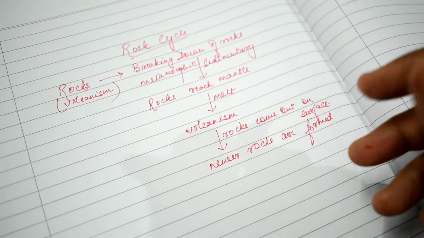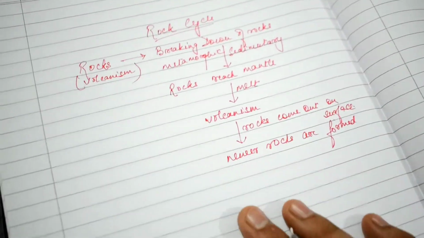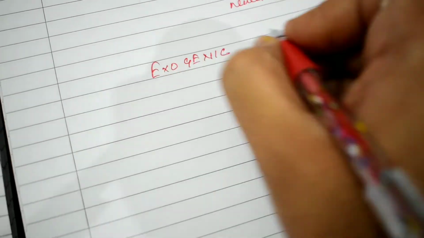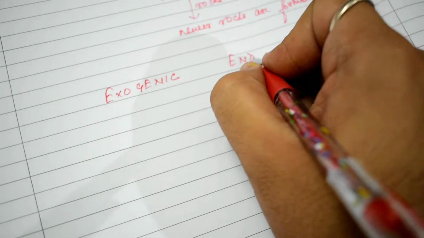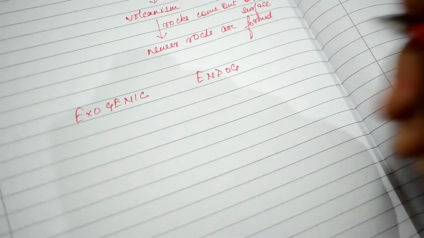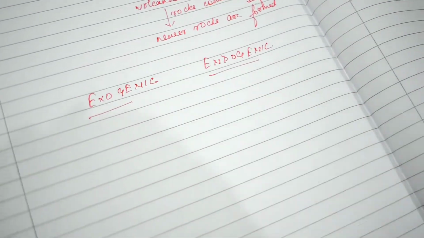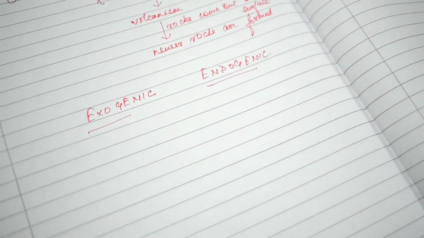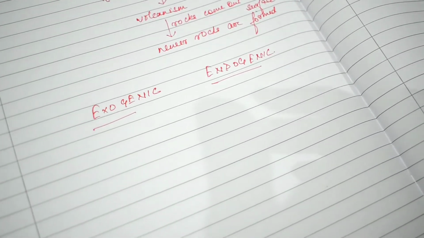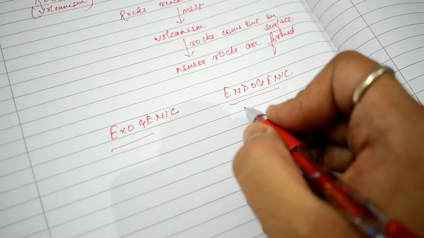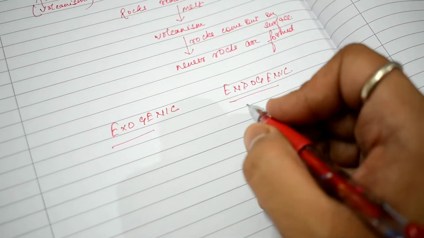Now when we are talking of the rock cycle, you have also learned about two forces, or two processes, the exogenic and the endogenic. When we talked about volcanoes and earthquakes, faulting and folding, all of that comes under the endogenic forces.